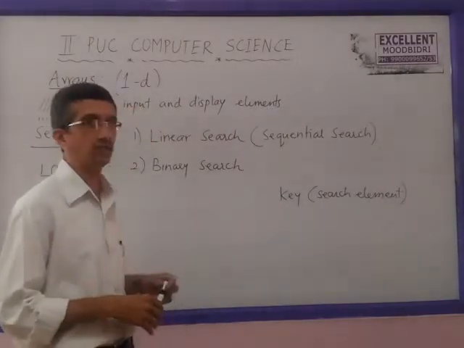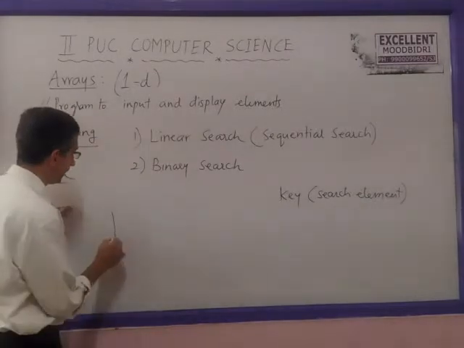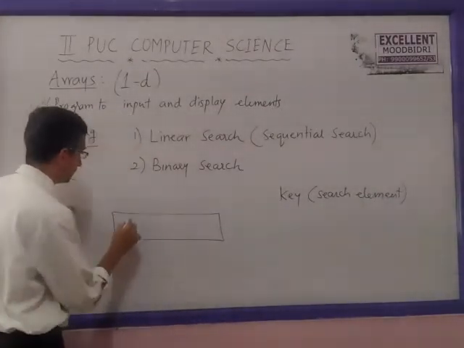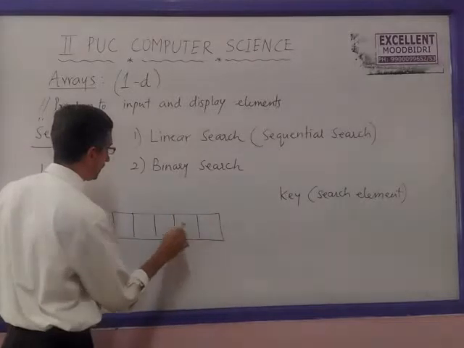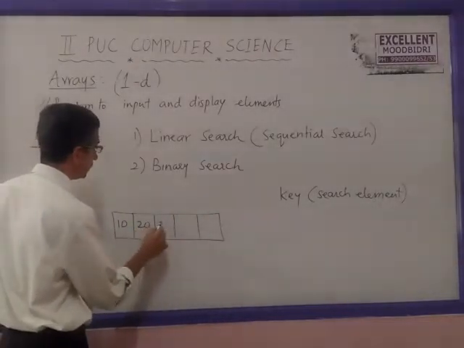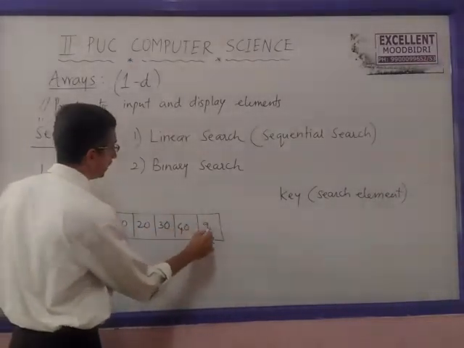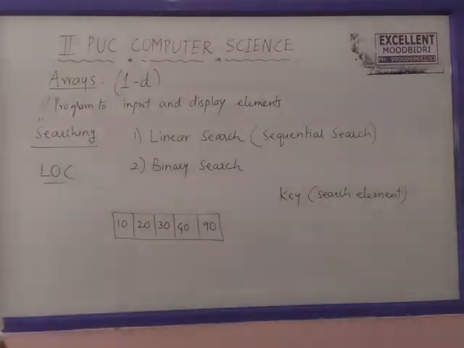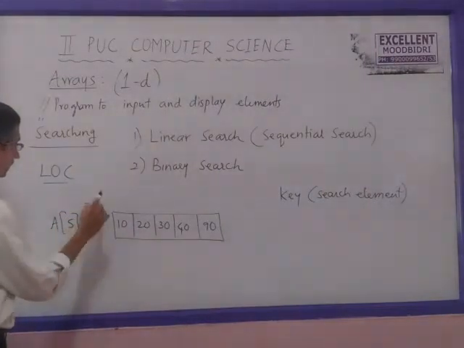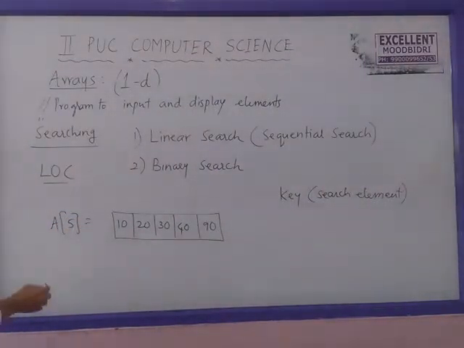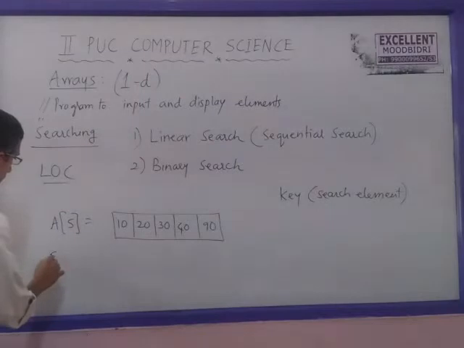So how do you carry this out? Suppose we write an example array like this, the array items will be like 10, 20, 30, 40 and 90. There are some random 5 items in the array. It is A of 5, suppose. Now suppose the search item is 40.